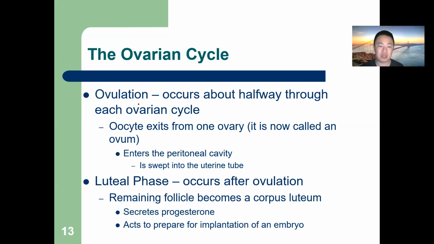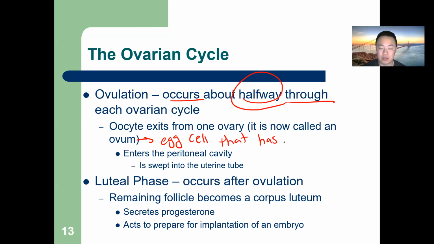Now, ovulation is a process that occurs halfway through the ovarian cycle, and in this case, the oocyte exits from one of the ovaries, and when it exits, it's called an ovum. An ovum is an egg cell that has exited the ovary and entered the peritoneal cavity.